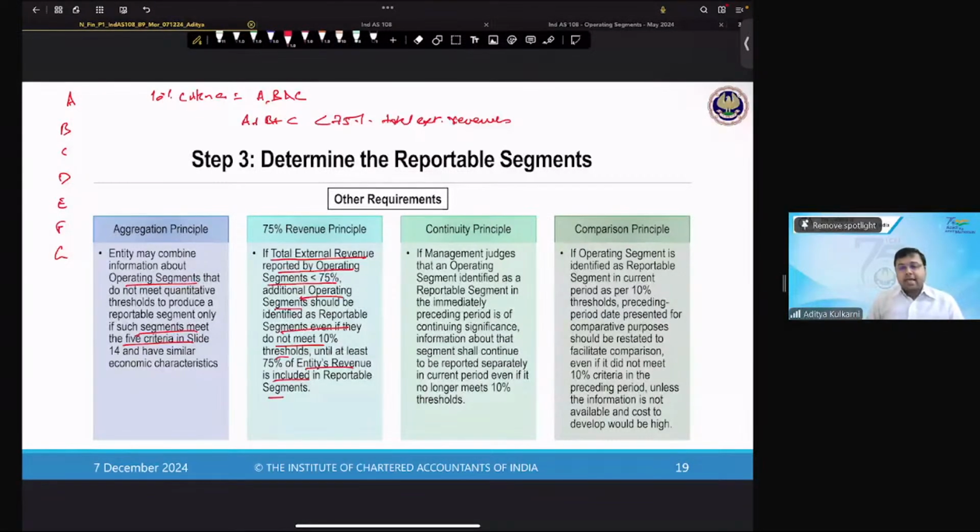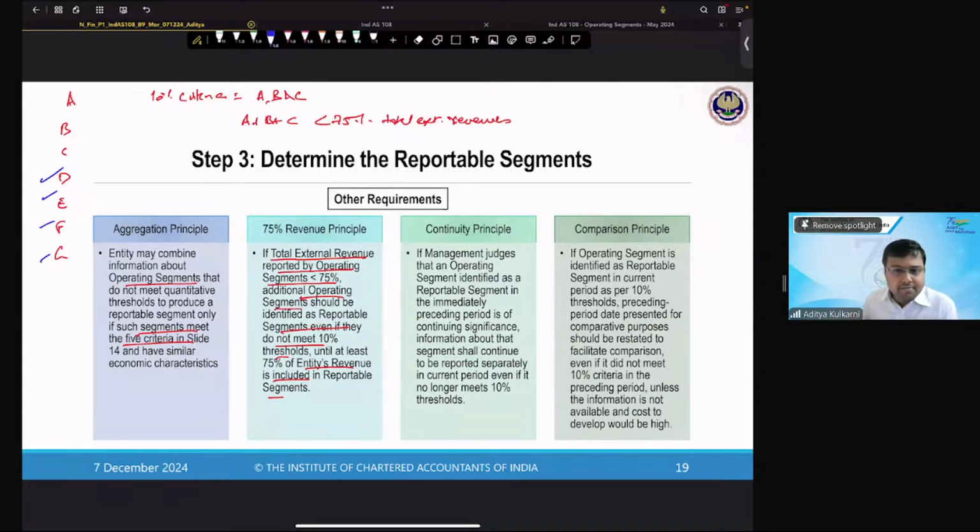Because A, B, and C are less than 75%, what the standard says is to look at the remaining. You go on adding more and more reportable segments until you meet the 75% external revenue criteria.